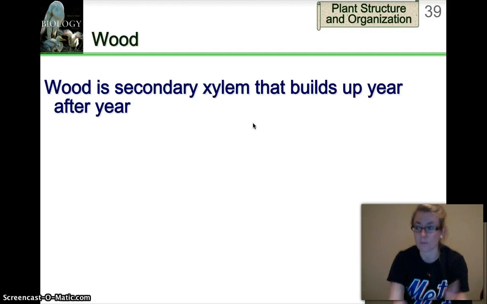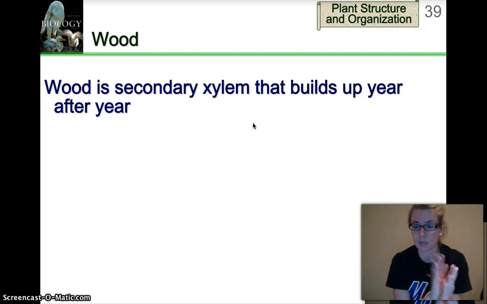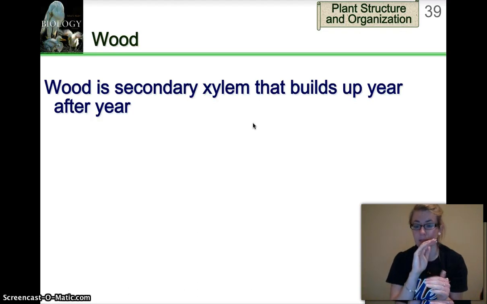Then we have the wood. The bark's on the outside, and then the wood's in the middle. The wood is secondary xylem that builds up year after year. Every year, starting at the first year, the plant makes xylem. Xylem is dead at functional maturity, remember, so it makes new xylem cells and then they die. But they're so thickened with sclerenchyma tissue that they stay there.